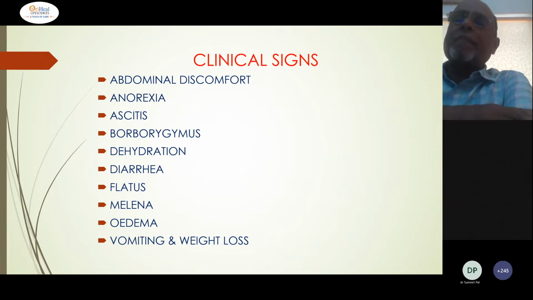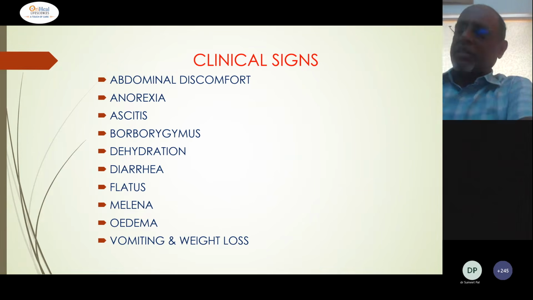Supposing you have a pet which has melena and also blood in the urine, then you should think about a bleeding disorder, a primary hemostatic disorder. Then edema: whenever you have pan-hypoproteinemia, dependent part edema will be there. So vomiting and weight loss are the normal clinical signs associated with small intestinal disease.